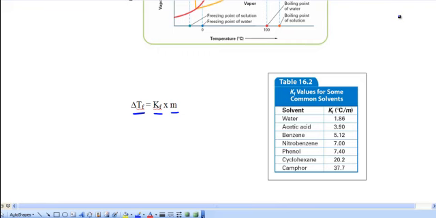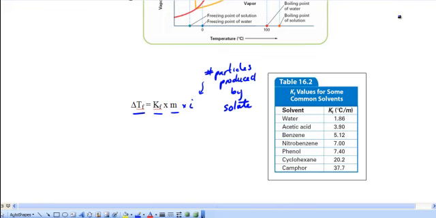Now what is not shown here is what's also called the Van't Hoff factor, i, which is approximately equal to the number of particles produced by the solute. Alright, and when we talked about this in 16.3, it's not the identity of the particles, it's the number of particles.